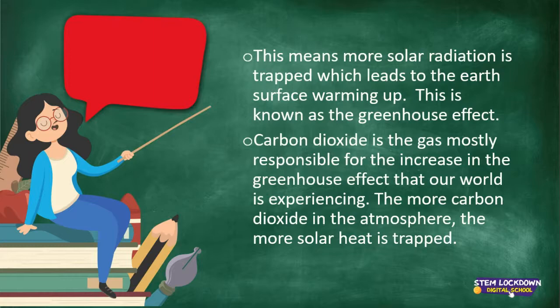So firms giving out pollution, cars giving out emissions, and firms making sure that there are more waste products. Those are things that are contributing towards there being more carbon dioxide, and this causes the greenhouse effect. So carbon dioxide is the gas mostly responsible for the increase in the greenhouse effect that our world is experiencing. The more carbon dioxide in the atmosphere, the more solar heat is trapped.